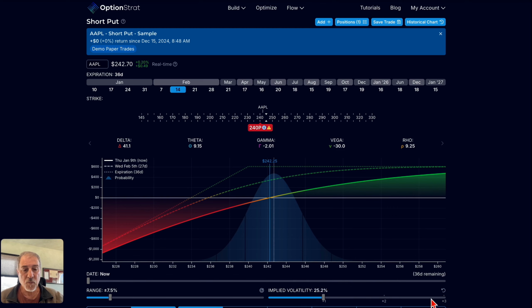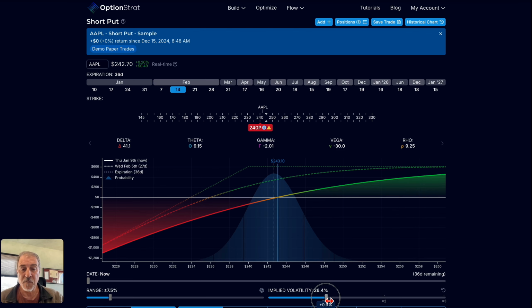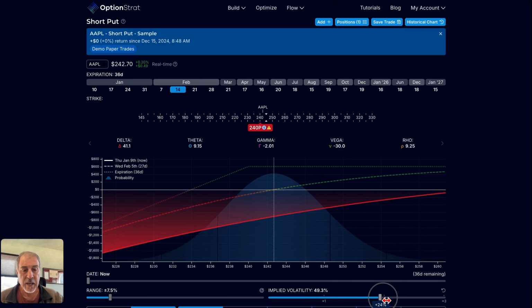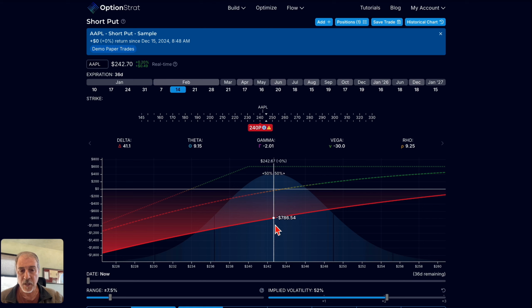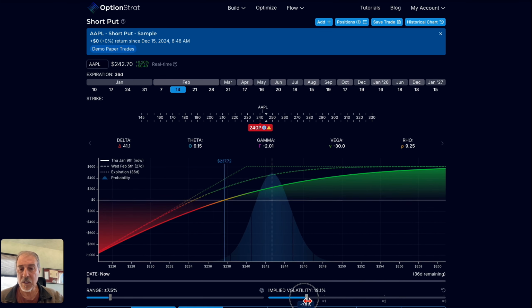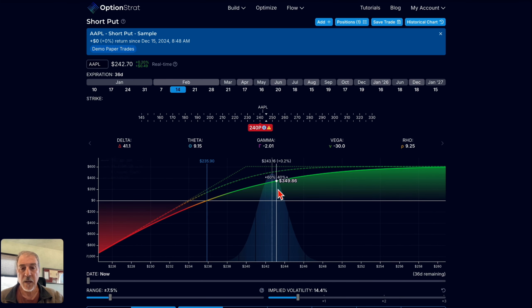This T0 line right here represents the value of our option with volatility being at its current rate of 25.5, no big deal. Again, remember, we're short an option here. We're short a put. If volatility increases, that's not going to be good for our position. That's going to create significant loss in this position. If volatility shrinks up in this position, that's going to be favorable for our position.